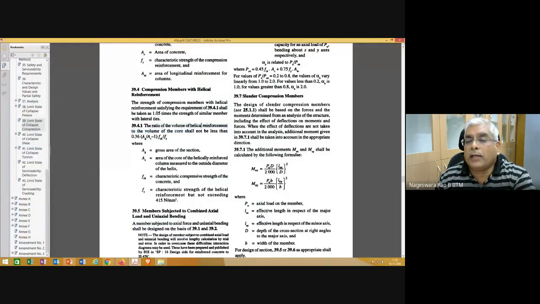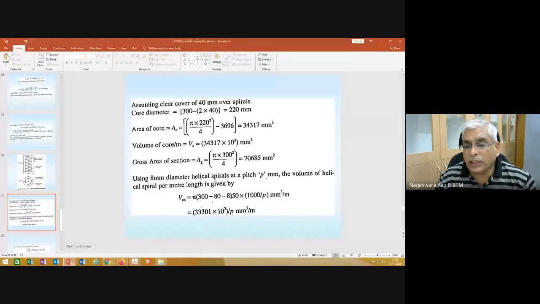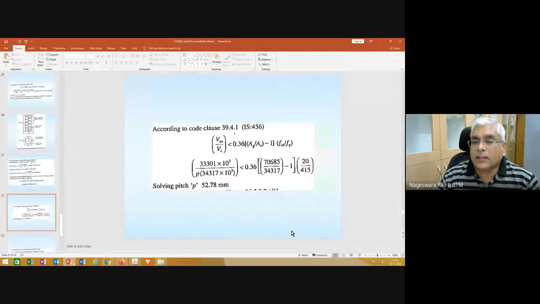The volume of helical reinforcement to the volume of the core shall not be less than this value, 0.36 times (Ag divided by Ac minus 1) times fck divided by fy. So we need to make sure that this ratio is not less than that.